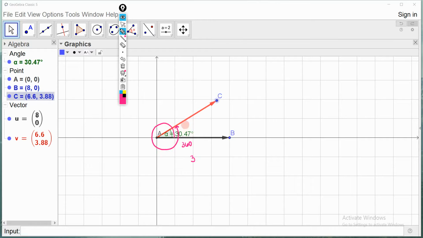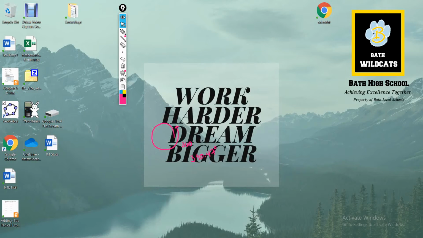So this angle, in this magenta color, would be 390.47. And that's fine. You can have angles, like I said, bigger than 360.